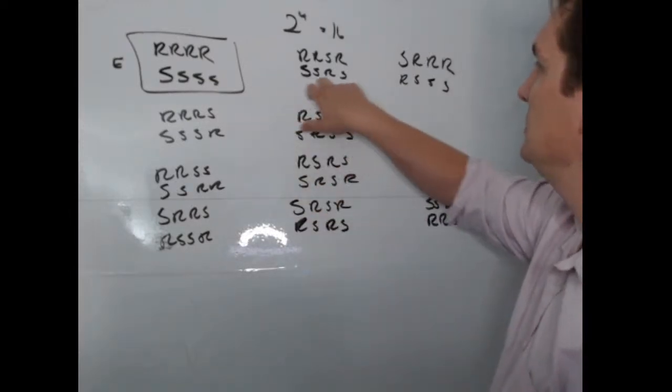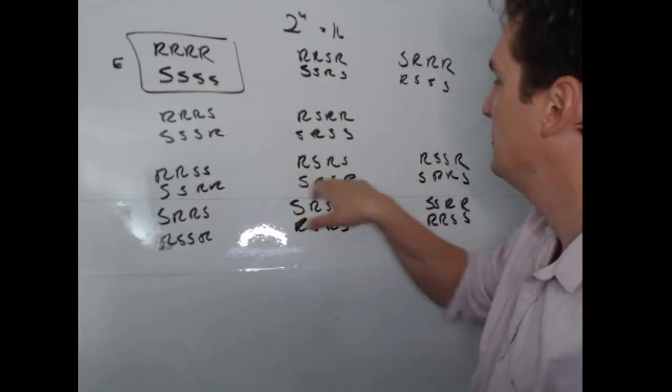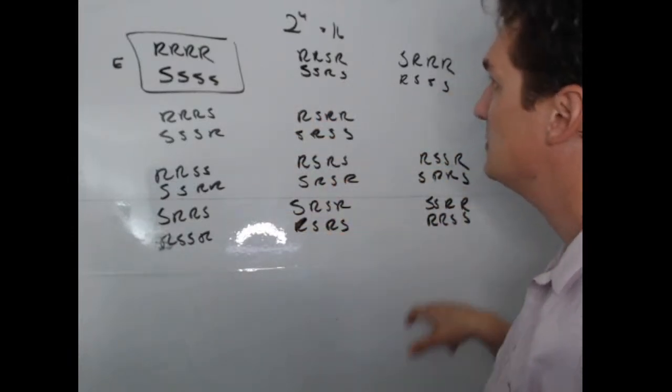So we have 2, 4, 6, 8, 10, 12, 14, 16, 18, 20, 22 so far.